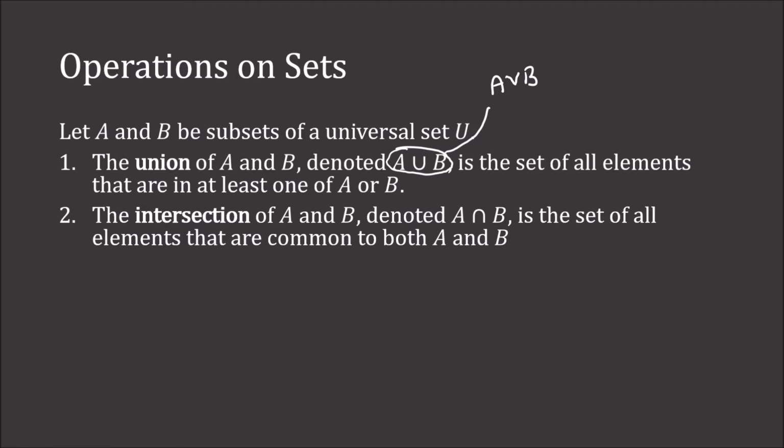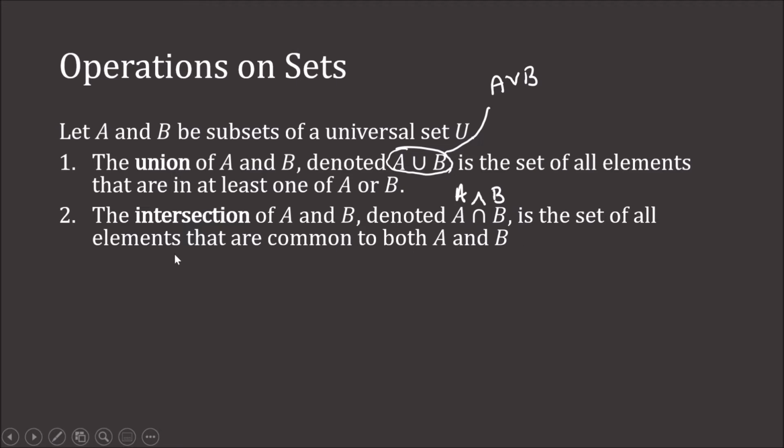And the same thing here. Doesn't this kind of look like an and? So this kind of looks like A and B. Well, A and B from logic means A is true and B is true. And look at the intersection.